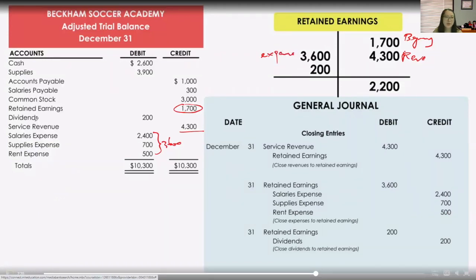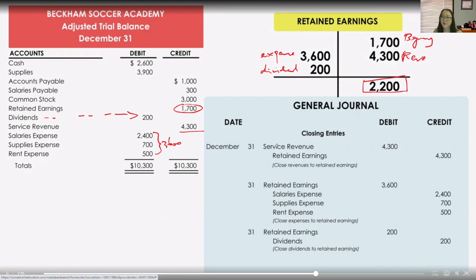And also you paid dividend for 200. Hence the ending balance of retained earnings is 2,200. And we will look at how we close all these accounts, right?